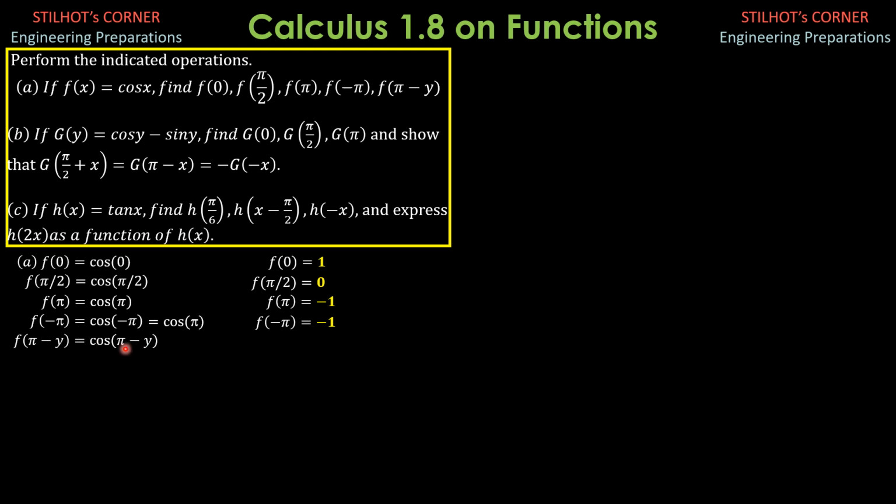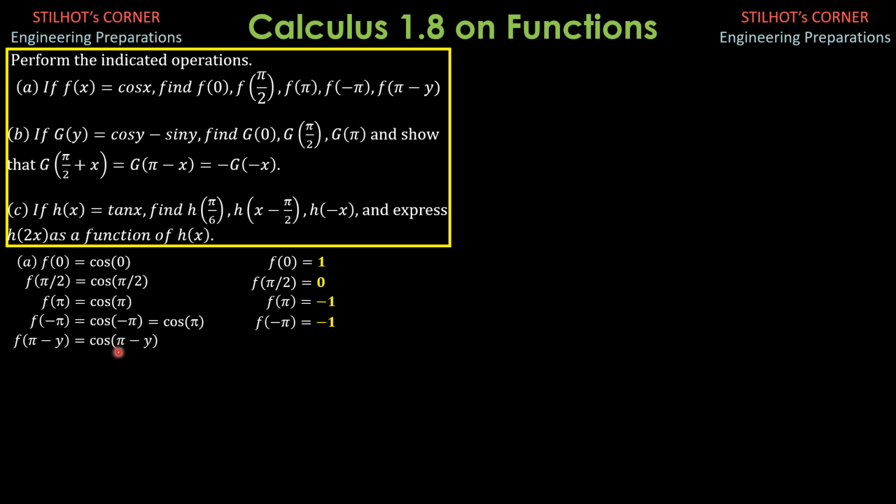If you cannot recall, you should recall, because that's basic trigonometry and this is already calculus. The reason why calculus is difficult for many is that they cannot bring along the principles, basic formulas in trigonometry. So you should remember that.